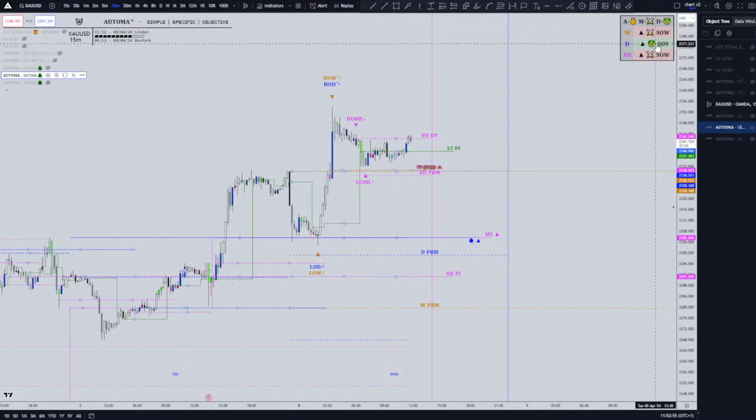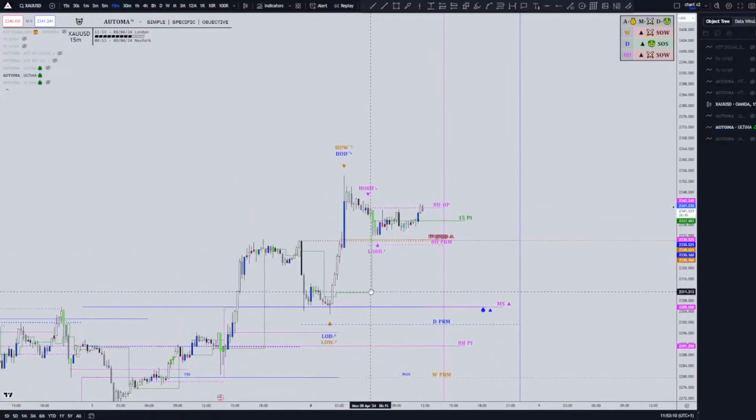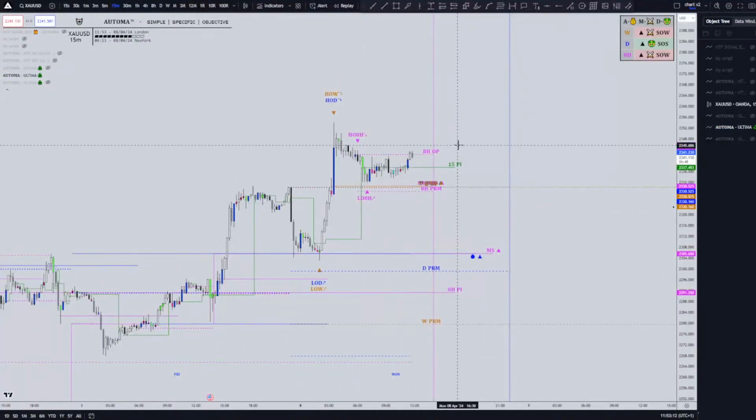Look, daily is trending. 8-hour at the moment has a small pullback. As soon as we reclaim the 8-hour open, 8-hour will be in trending stage, and weekly. Weekly is in manipulation.